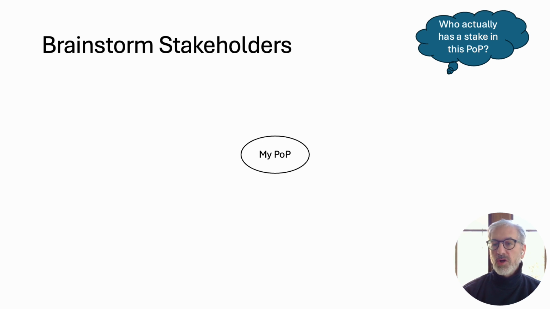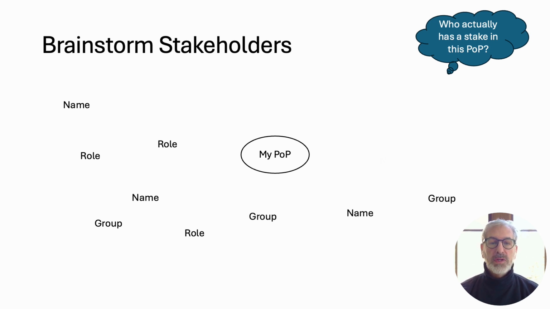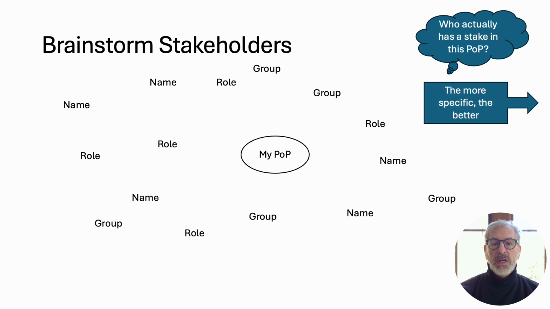So as you're doing it, you're going to throw up as many people as you can think of. You're going to put them up if you know their actual names. Great. Maybe they have a particular role in relation to this thing, or it's a group that's related to it. Once you get your full map, you can see this is where we're starting to really fill it out.